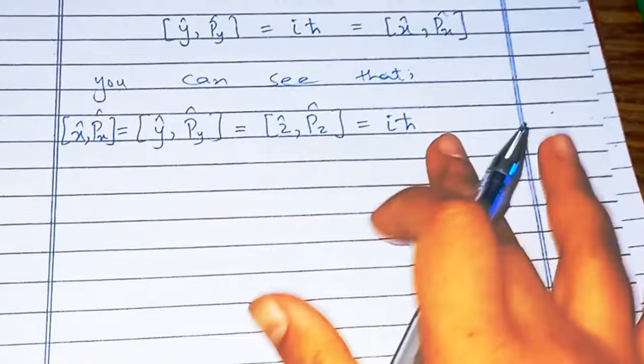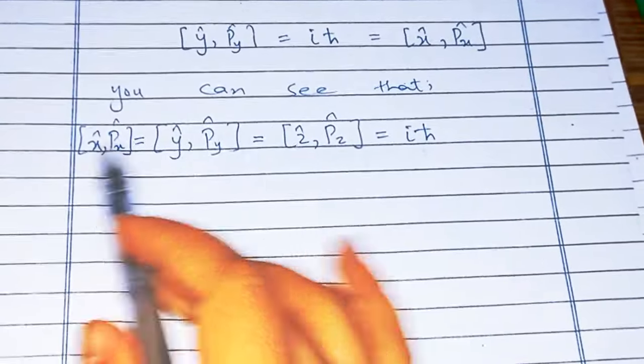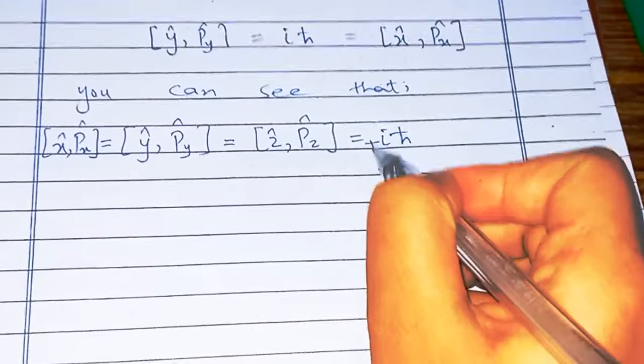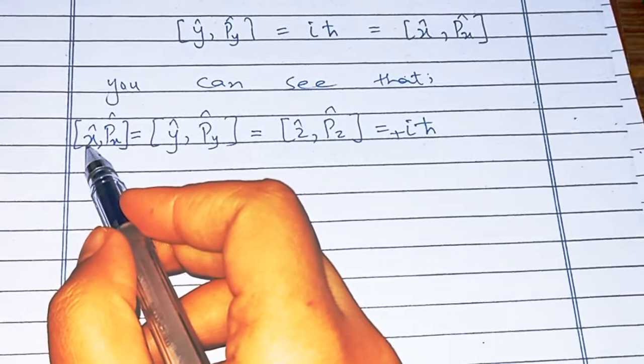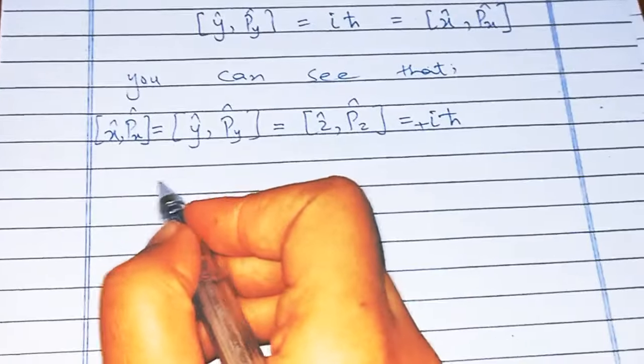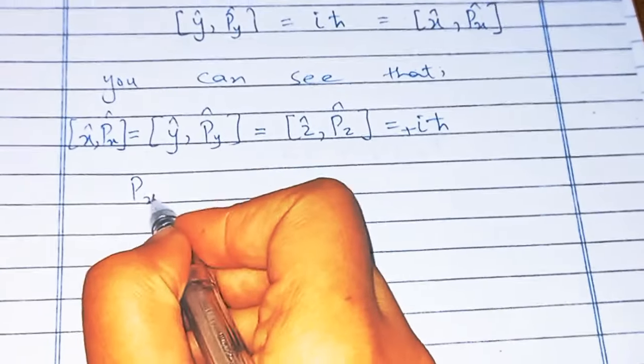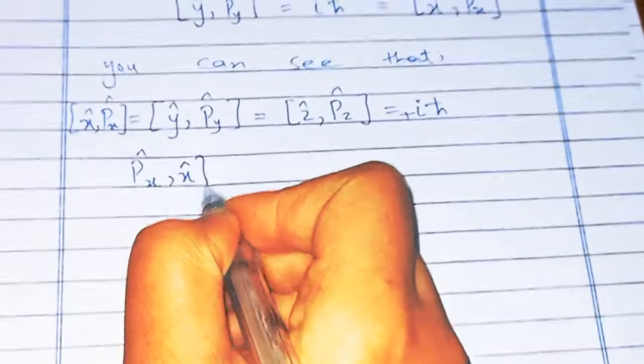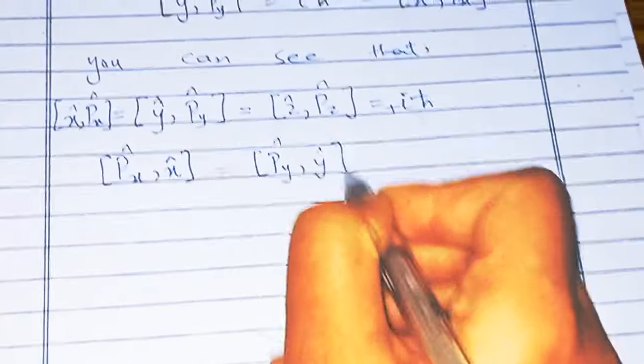Okay, they're all equals to iota h cut, and it happens, it's positive iota h cut when you have position operator first and momentum operator second. It will be equals to negative iota h cut when you write the momentum operator first and position operator second, like that.